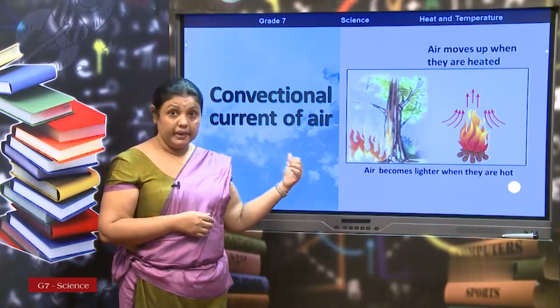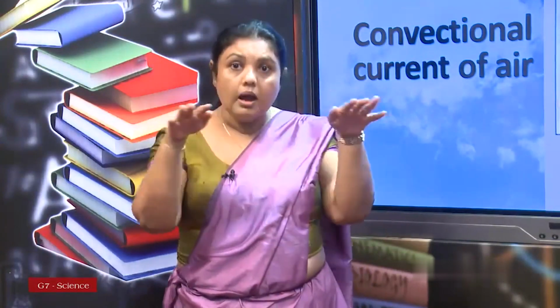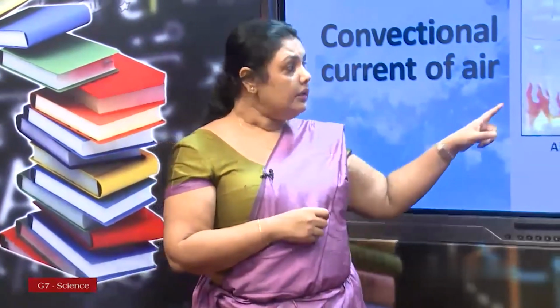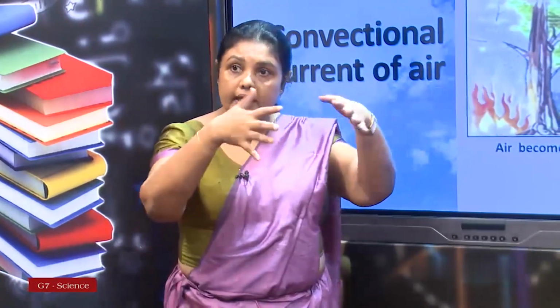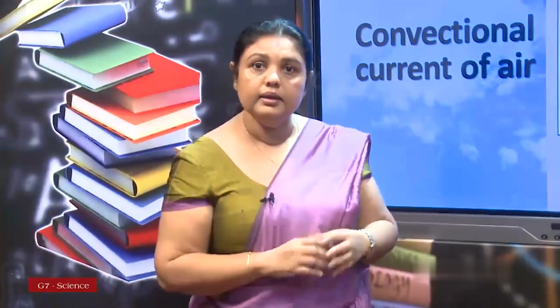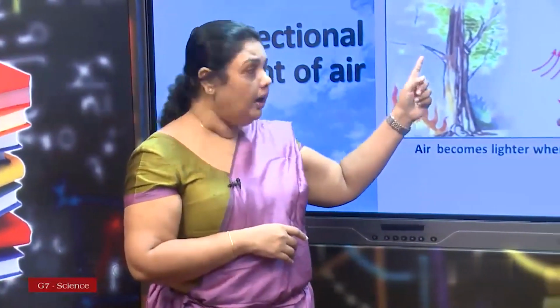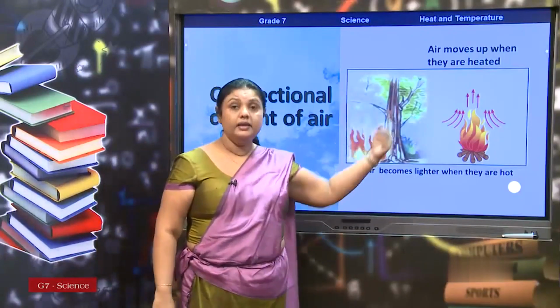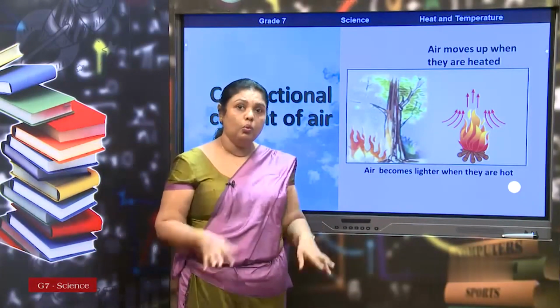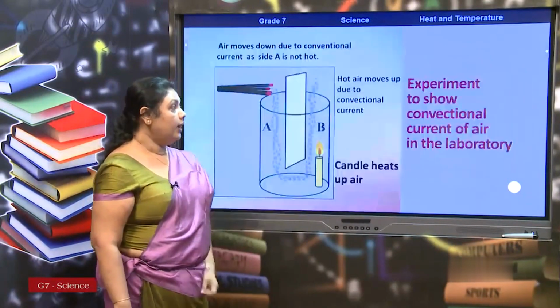You can do this practical experiment when there is no wind. It should be a calm environment. No wind will change it. So what you observe is, when fire is coming out, leaves are shaking. That means this convection current of air which moves up helps to move that. That is the very reason leaves in the other trees do not shake or move here and there. Due to convection current, this happens. Right. Okay.